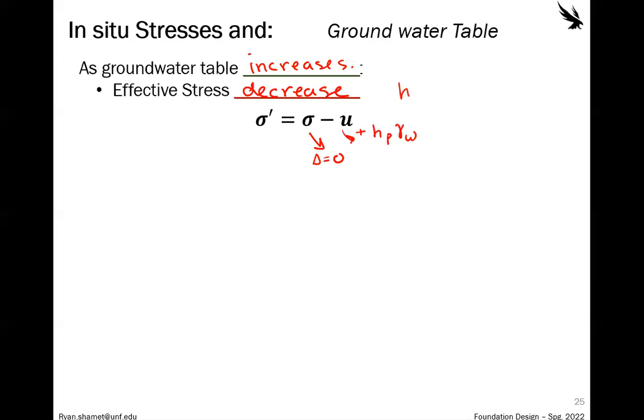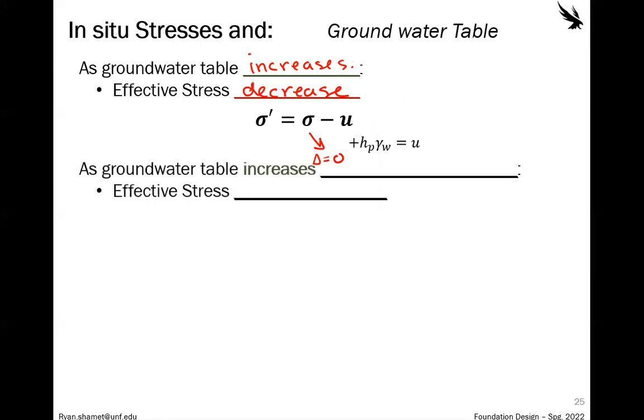So as we increase the pressure head, the water, then we increase our pore water pressure. And as we increase our pore water pressure, then we decrease our effective stress because we're subtracting more from something. So as the groundwater table, sorry, I think I messed that up. Oh, no. Yeah, this is right still.